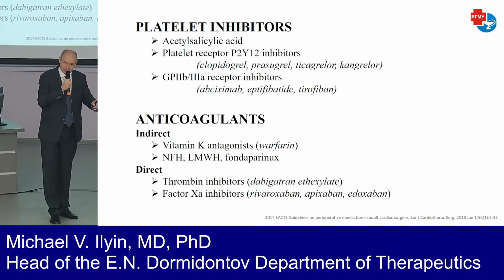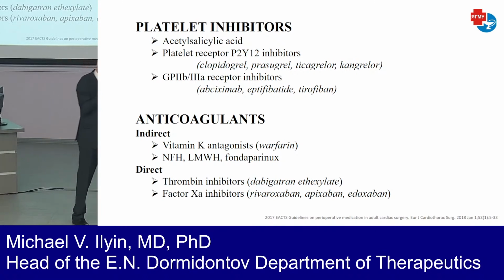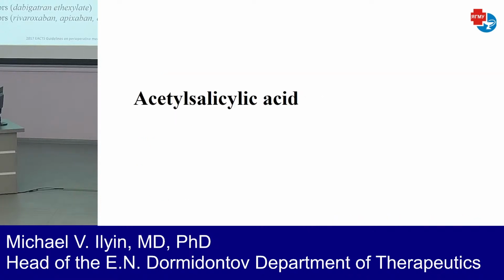That is why it is not recommended in long-term treatment, okay? But we will discuss it later. Direct anticoagulants: thrombin inhibitors, dabigatran etexilate, and factor Xa inhibitors, rivaroxaban, apixaban, and edoxaban. Okay, let's go, and we will discuss several of the drugs.